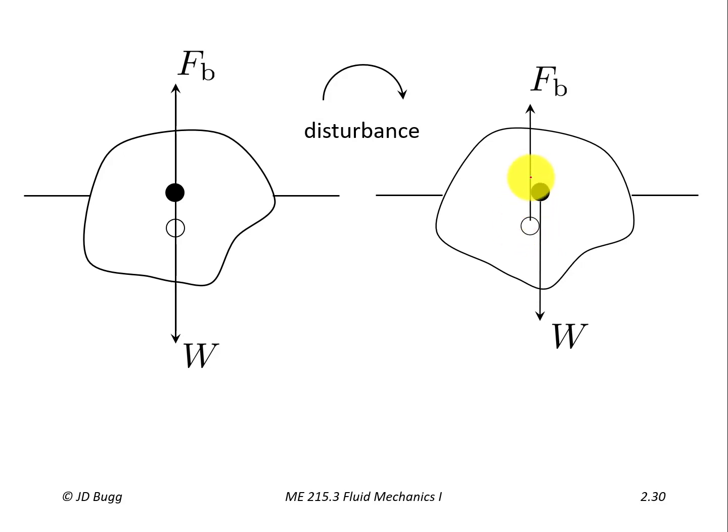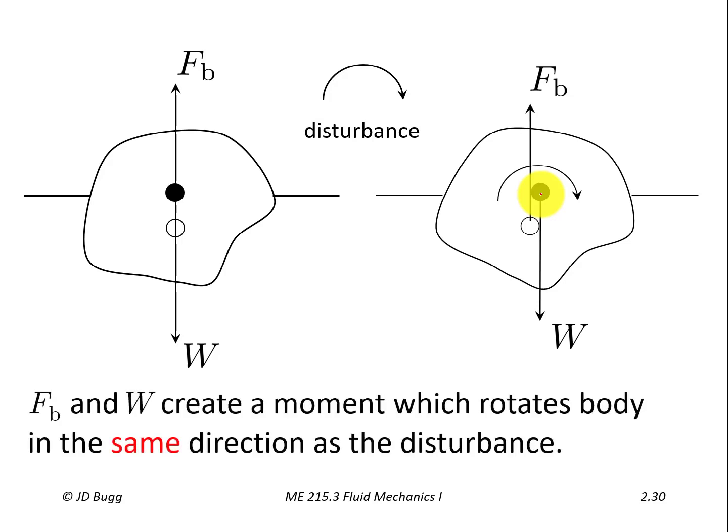So the important thing is these two forces are now no longer collinear, so they produce a moment. But the problem is, the moment that they produce is in the same direction as the disturbance. So this tiny little disturbance to the right is going to cause a moment which wants to rotate that object even further to the right. So FB and W create a moment which rotates the body in the same direction as the disturbance.